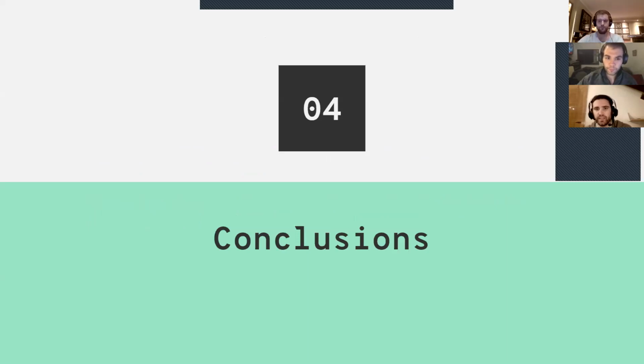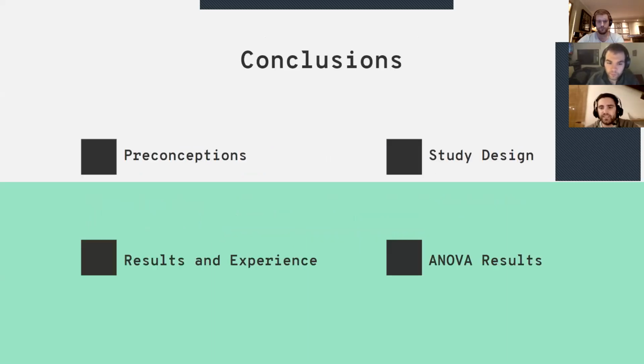So in the end of the study, we can draw certain conclusions. As we mentioned, the null hypothesis was in the end correct. We started out this study with the preconception that more complex UIs would introduce more time taken for certain tasks.